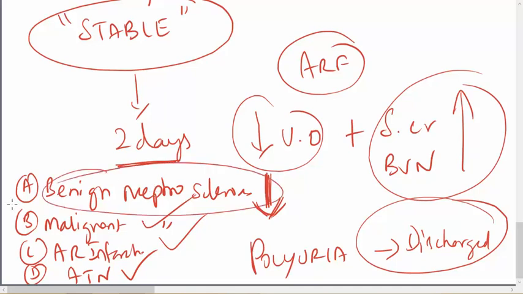Understand? So, they have given the distractors. When you go to medicine posting, these are all closed distractors. So, you will understand more. Okay. Now in this case, because the scenario is very clear, the patient recovered and was discharged, which means he became healthy and went out. So, it is ATN.